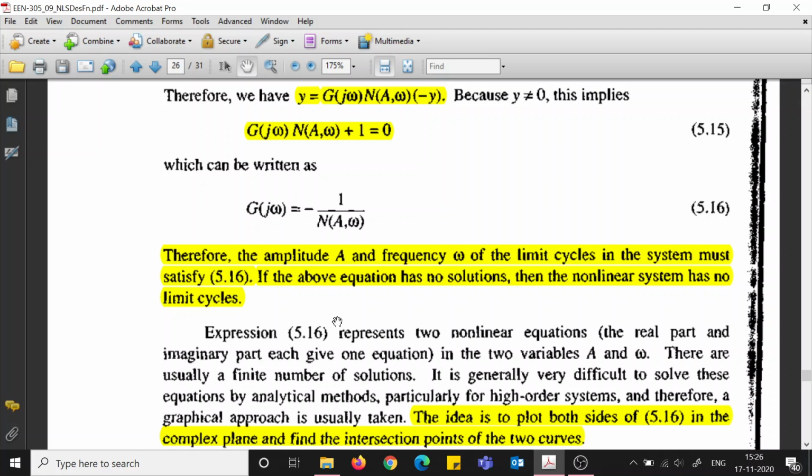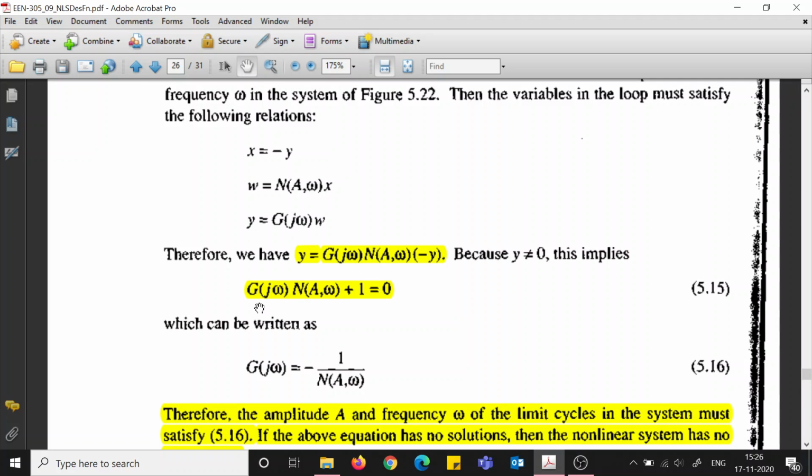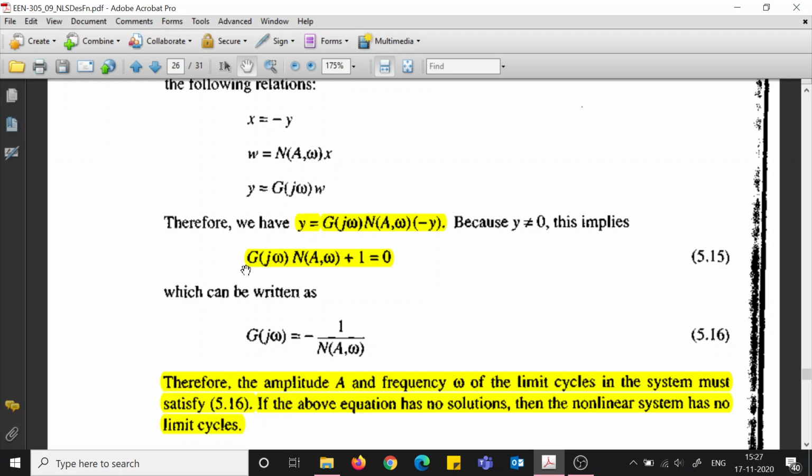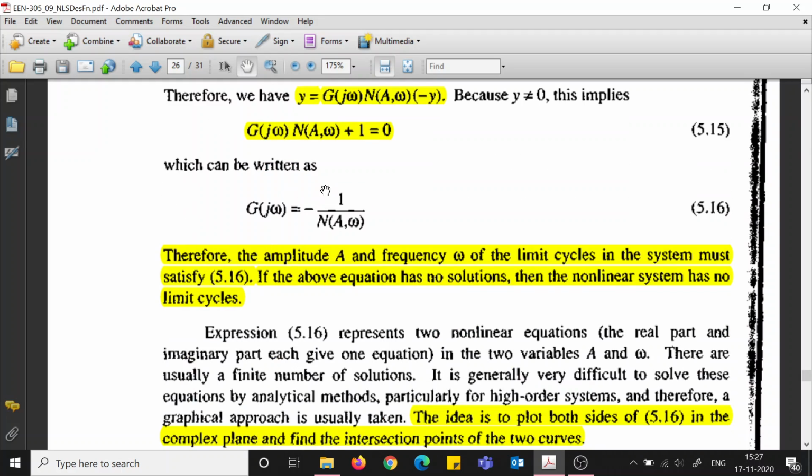So here basically you see that we have to see where these two curves actually intersect.